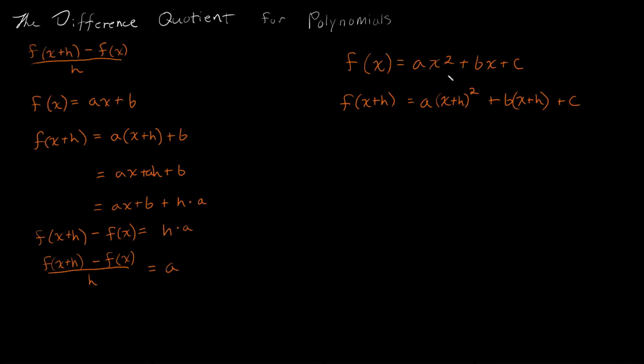And now what we're going to do is we're going to get rid of the exponents, because I want to get rid of the parentheses, but I like to do one operation at a time, one type of operation anyway.